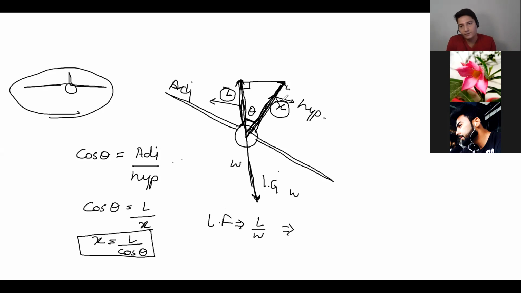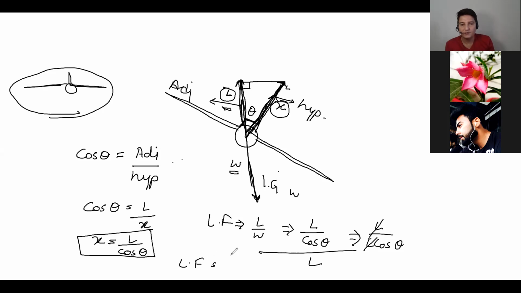The lift has shifted over there, and weight can also be called L. So the formula will be L upon cos theta divided by L. In other words, L upon L cos theta. L and L cancel, and load factor becomes 1 upon cos theta.